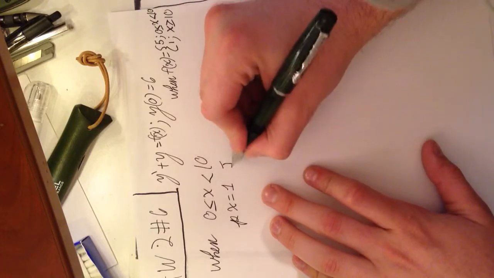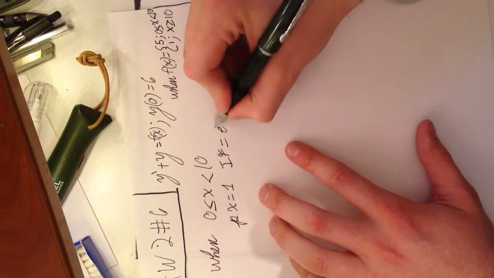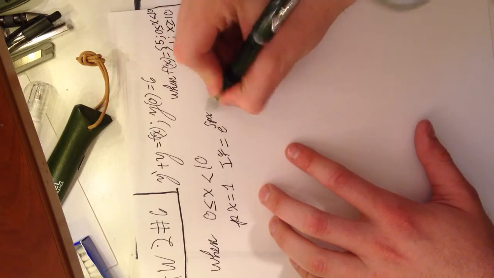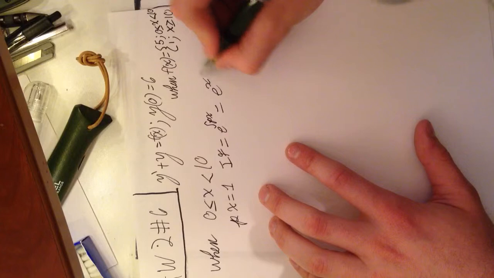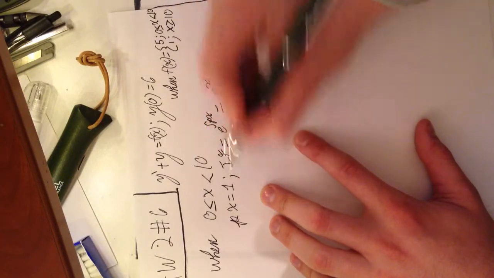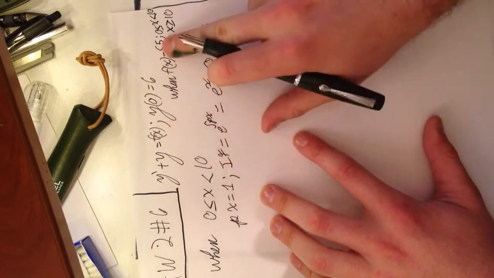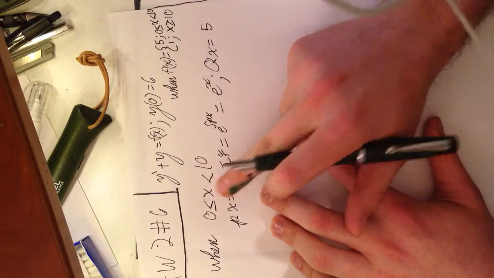Therefore, our integrating factor is e to the integral of p of x, which is e to the x, and our q of x is going to be equal to 5, because that is our f of x value that we have defined here.